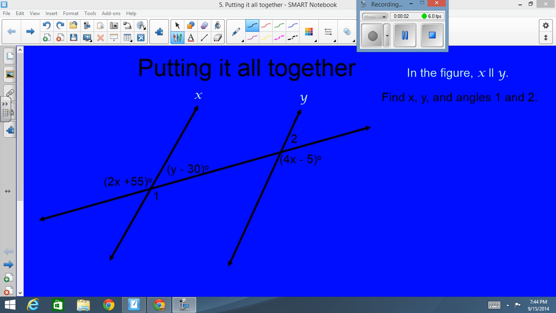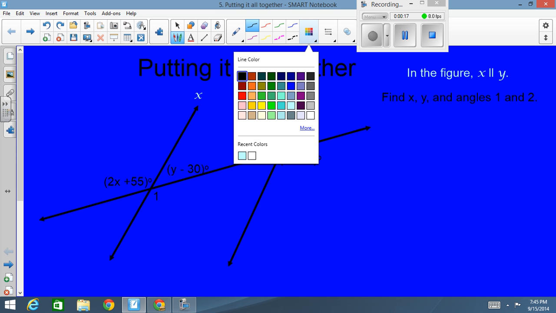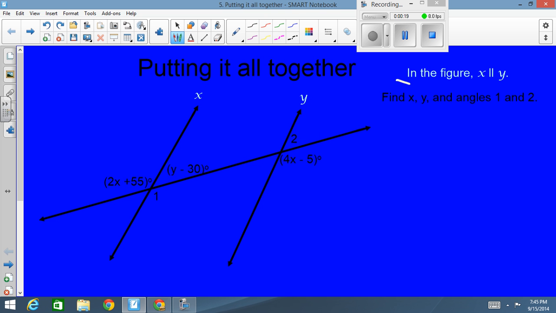Okay, so let's take a lot of the stuff that we've learned from this unit and kind of put it all together here. In this particular situation, we have this picture. It's important to see that we are told in the figure that x is parallel to y. So we may want to make a little marking there to remind us of that.